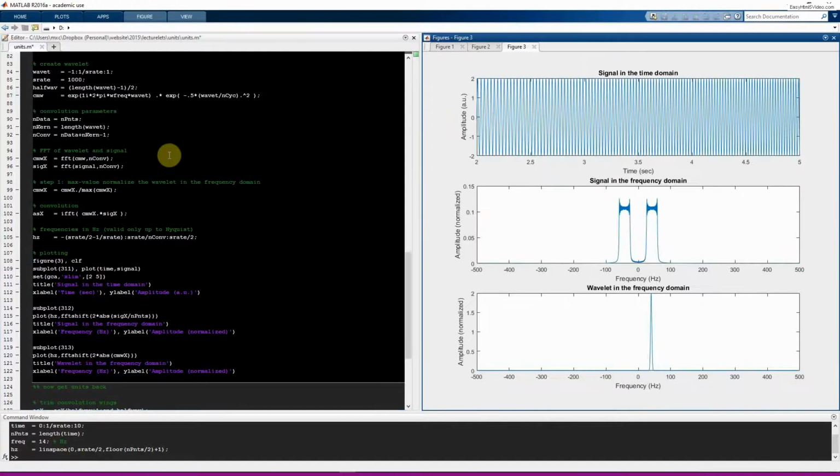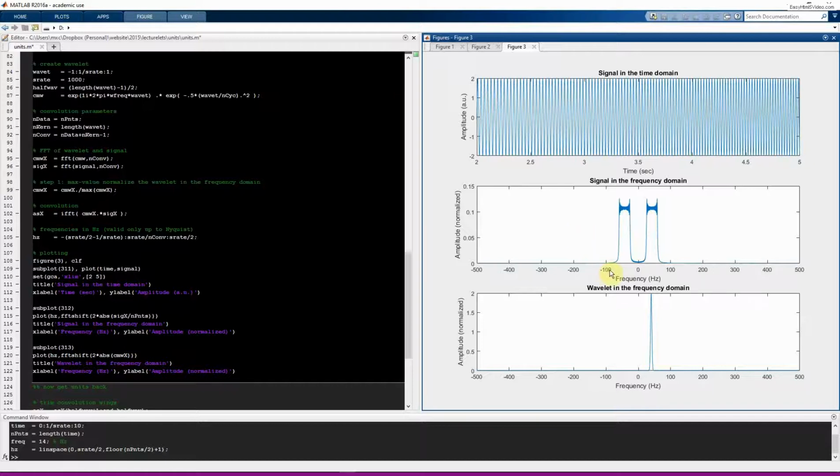All right. So here we have the time domain signal. This is not all of it, it's just 3 seconds of it. Here we have the signal in the frequency domain. So this is a frequency domain version of the amplitude spectrum of this signal. This looks different from the power spectra that you were used to looking at in neuroscience data.